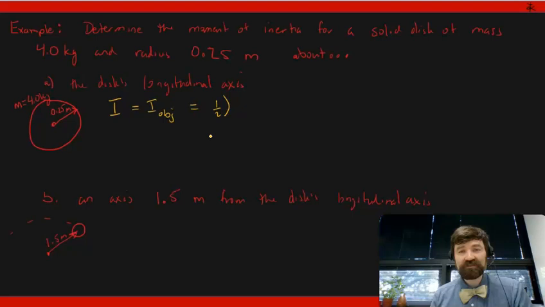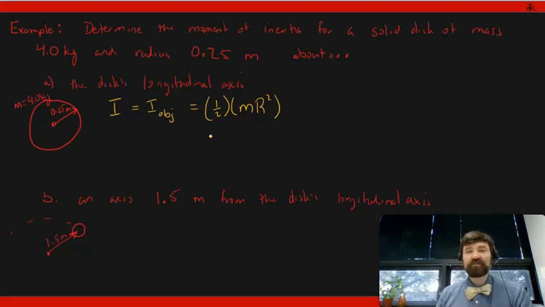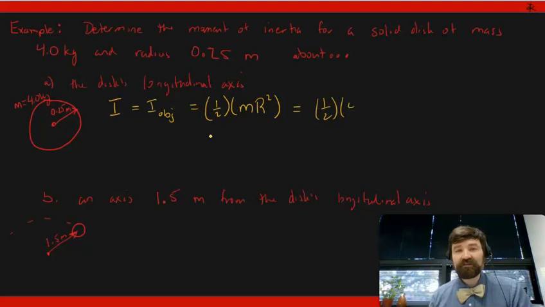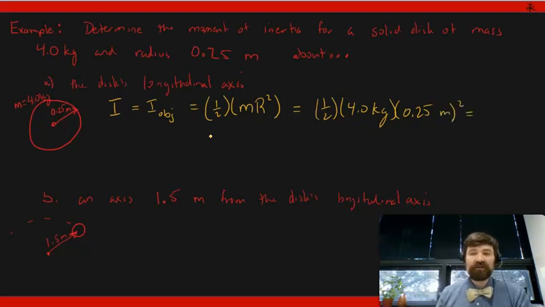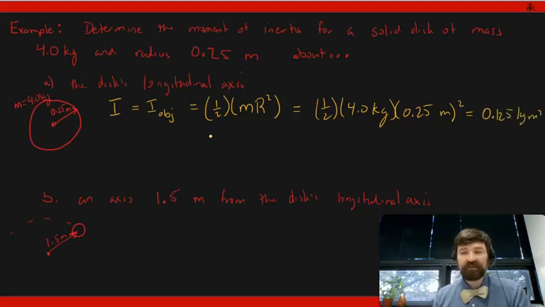If you look it up in the table for a solid disk, this will be 1/2 times the mass times the radius squared for the object. So you're looking at 1/2 times 4.0 kilograms times 0.25 meters squared. When you multiply all those things together, what you get is 0.125 kilogram meters squared.